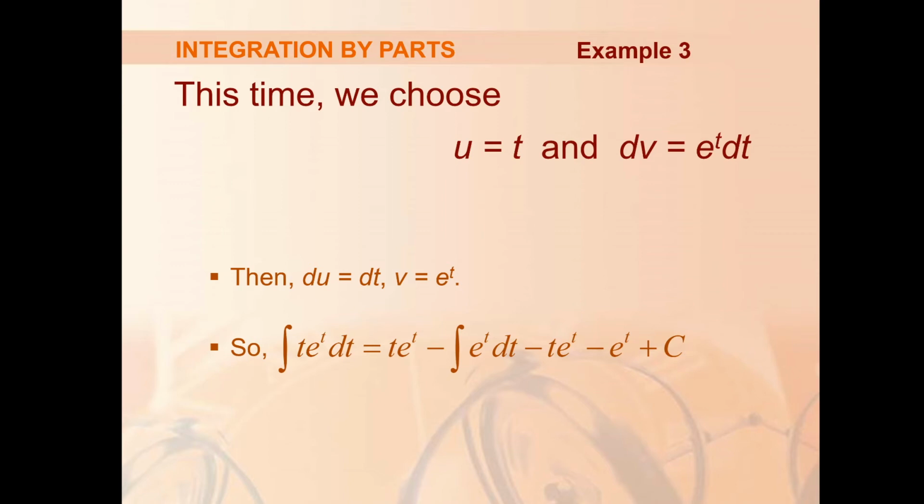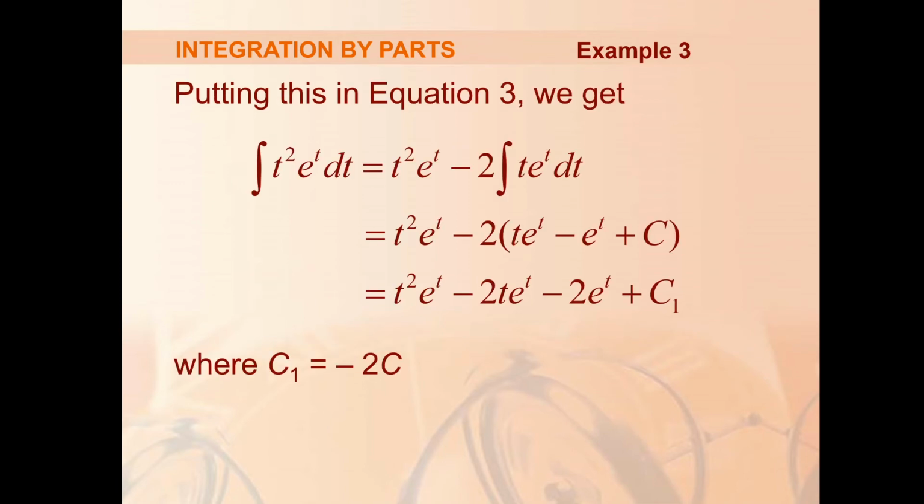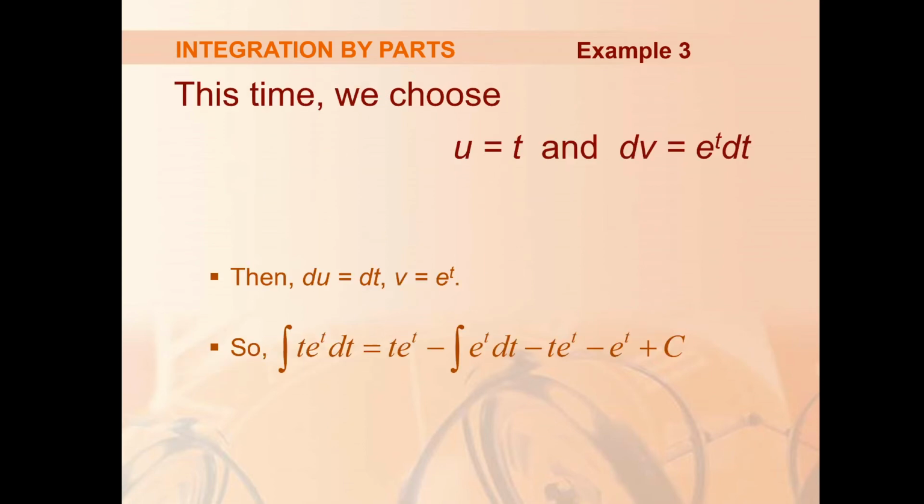So using integration by parts, we choose u equals t, and dv equals e to the power of t dt. Okay, expand the whole thing. So we do have t e to the power of t, and then once we integrate it, we have t e to the power of t minus the integral of e to the power of t.